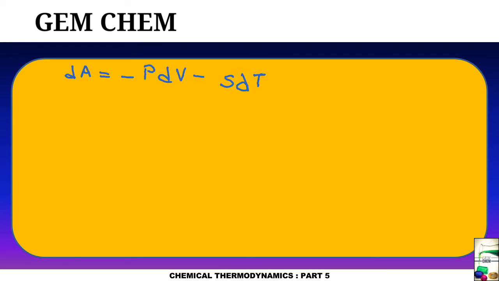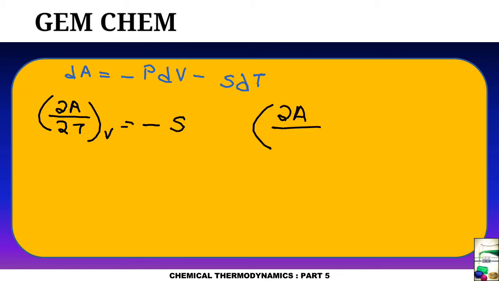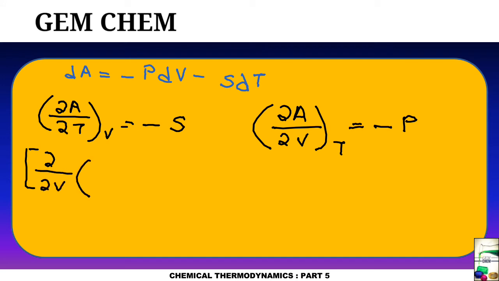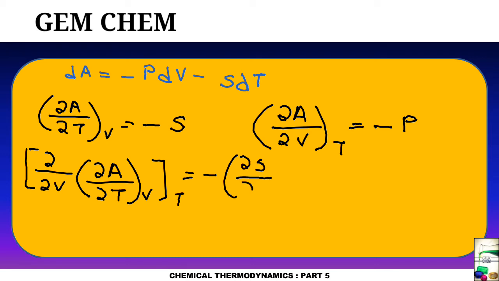Now first we differentiate this with respect to temperature at constant volume, so we get minus S. Similarly, we differentiate it with respect to volume at constant temperature, so we get minus P. Now we differentiate this with respect to volume at constant temperature, so here we get minus delta S by delta V at constant T. Simple differentiation, right?